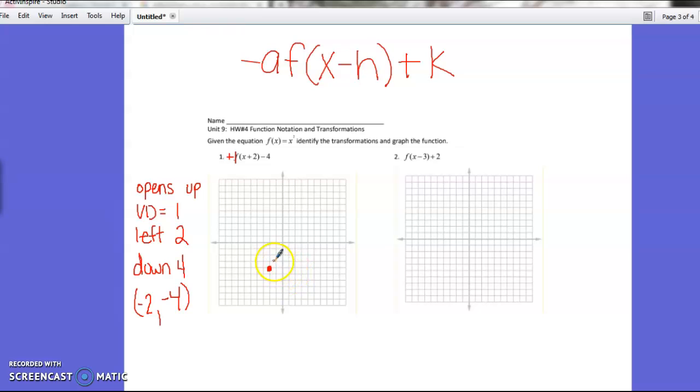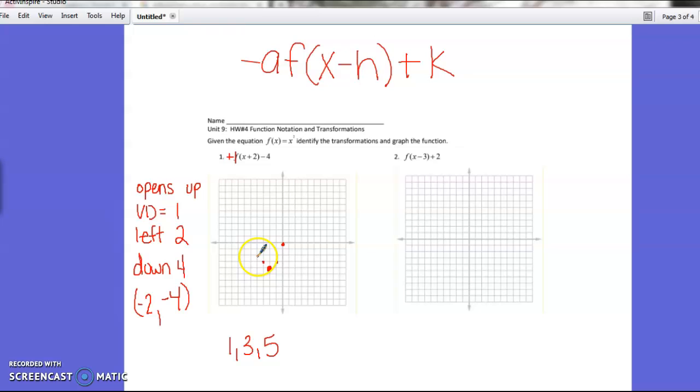Since our dilation is 1, I'm going to go over 1, up 1 on both sides. And then if I want to graph more points, there's a trick with graphing. It's called the 1, 3, 5 rule. So now from here, if I go over another one, I can go up 3, 1, 2, 3, and then reflect that.